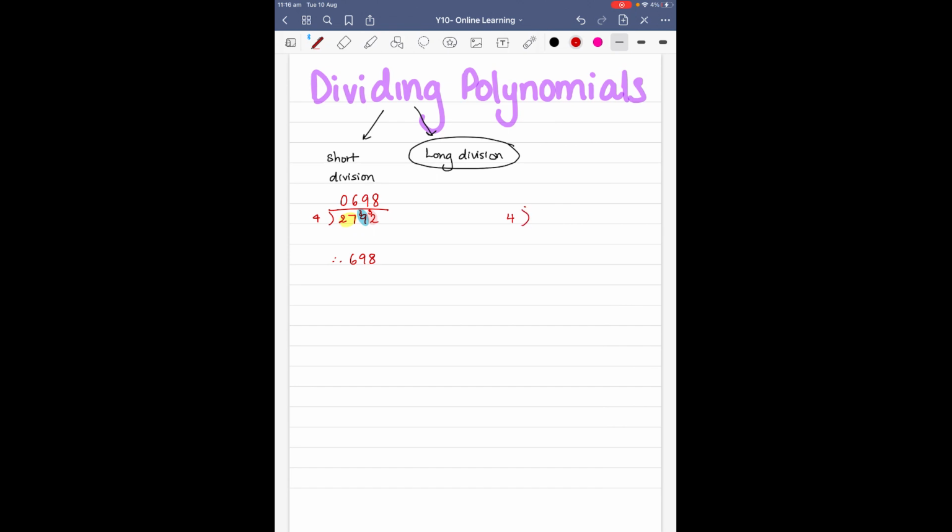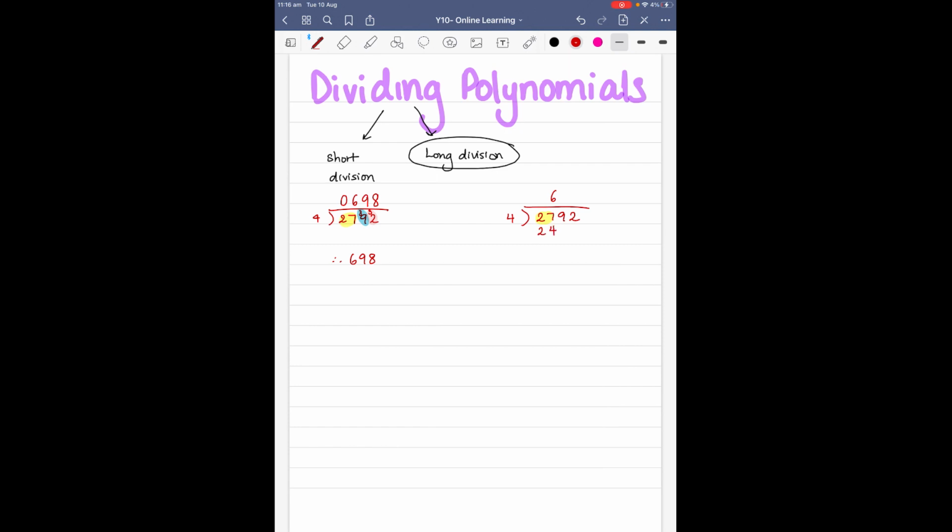Using the same example, we're going to try long division now. Same concept. We know 4 can't really go into number 2, so we have a look at both numbers, 27. 4 goes into 27. We know it goes in 6 times because 4 times 6 is 24.